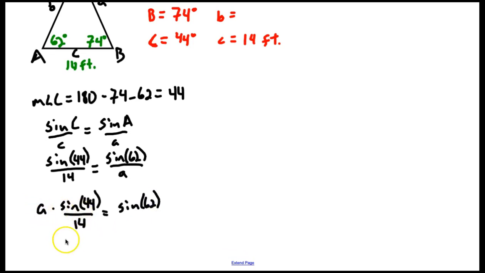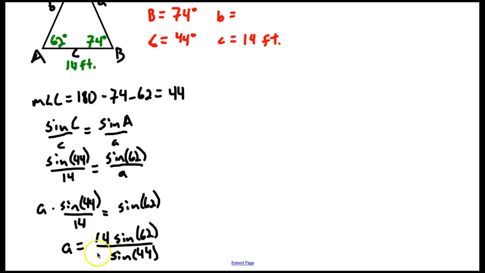And now to get A by itself, I'm going to multiply both sides by the reciprocal here, 14 over sine of 44. And what we'll end up with is A equals 14 times the sine of 62 all over the sine of 44. I just took this sine of 62 and multiplied it by 14 over the sine of 44.